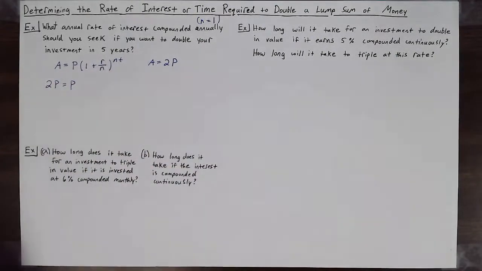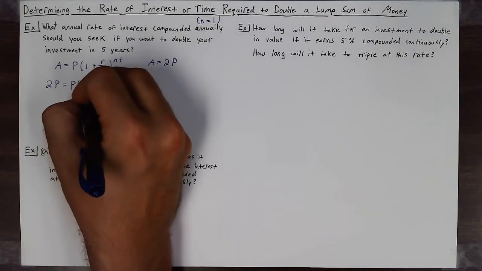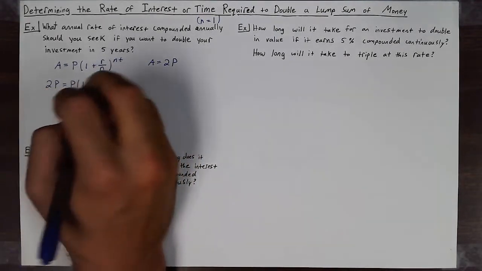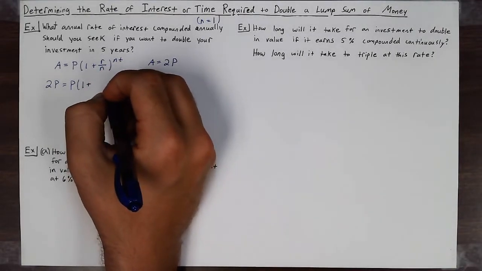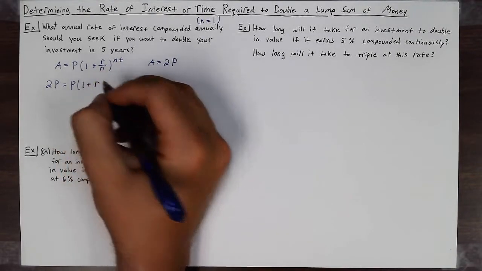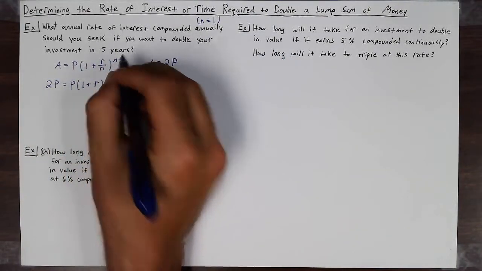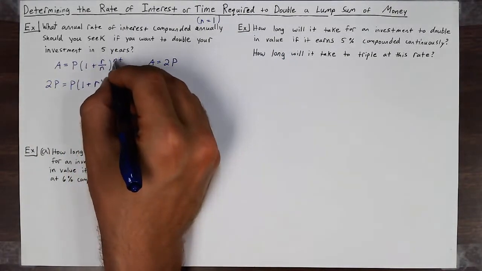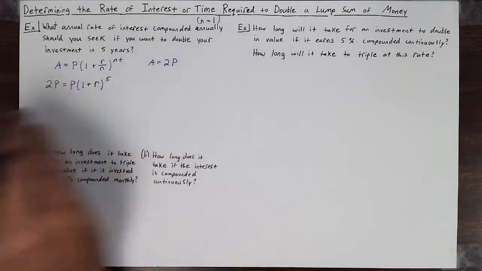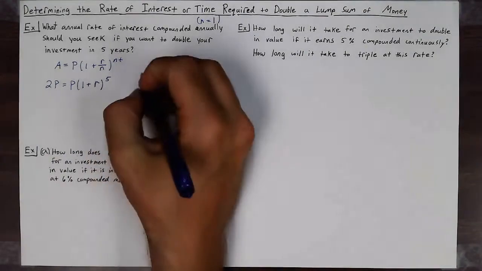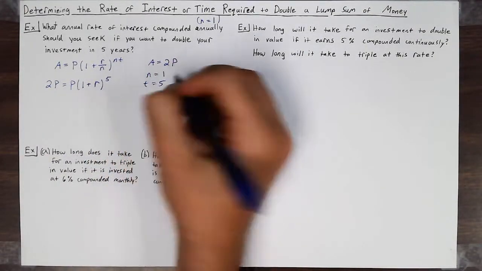That will equal P times 1 plus the rate, but n is equal to 1, so it would just be r over 1 to the 1 times t power. In this case, t is 5, so 1 times 5 would be 5, and I'm going to solve this equation.